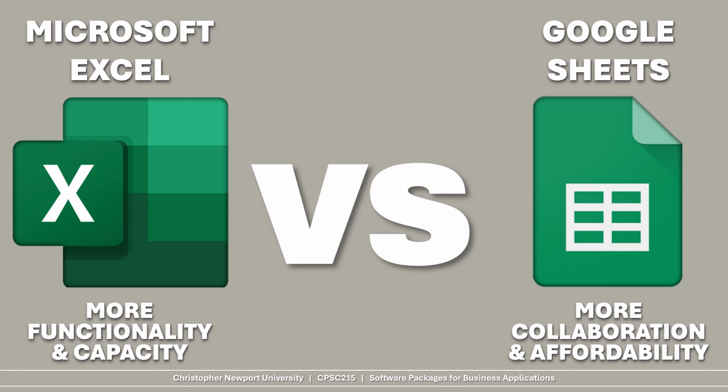You can find a few different opinions on this, but I think we can consistently say that these are the two strongest points of each application. So, Excel, you've already been exploring all of the functionality and the features.